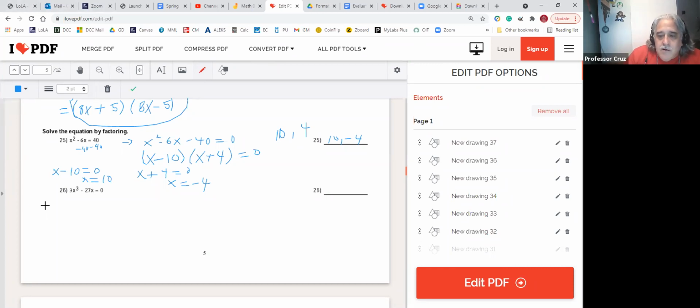Because this one right here, there's a greatest common factor of x that's going to come out, and then we have 3, oops, I'm sorry, it's 3x. So it's x squared minus 9.